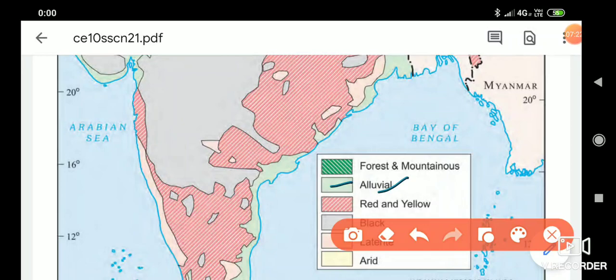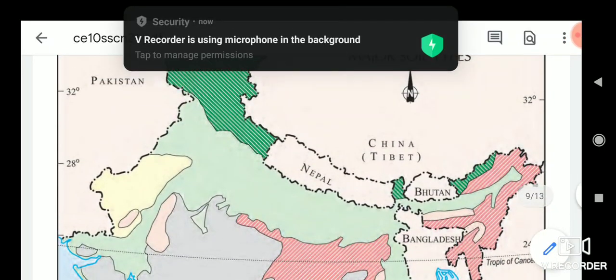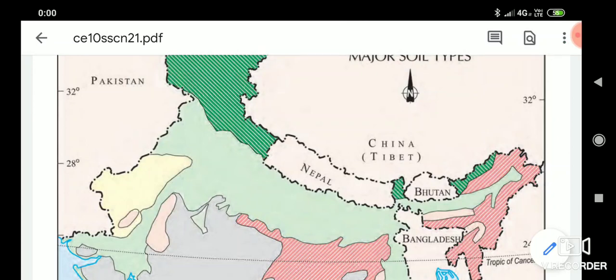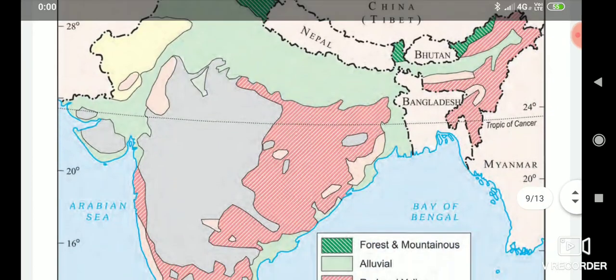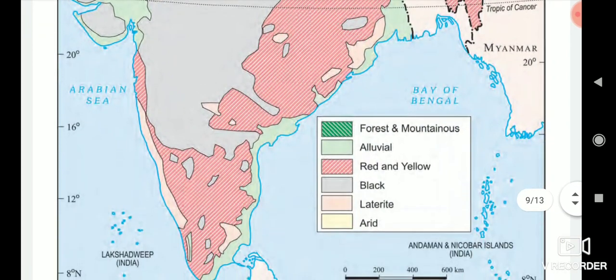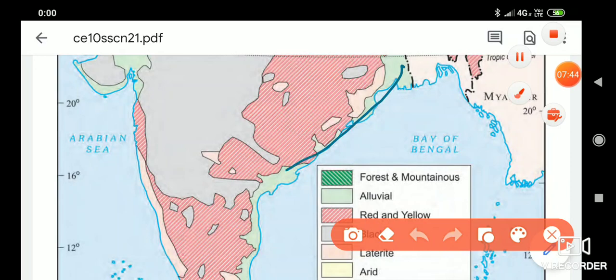You can remember the color and see. On the physical map of India, where are you getting this alluvial soil? So this is all the part of alluvial soil. Okay, and in the eastern coastal plains, here you are getting alluvial soils.